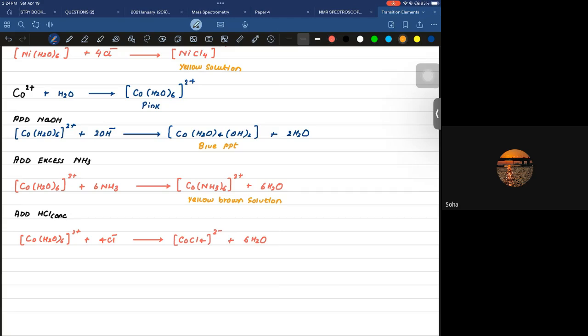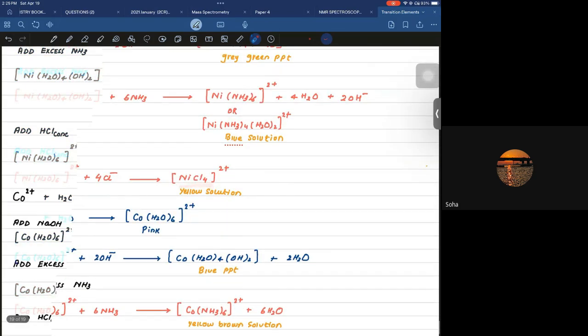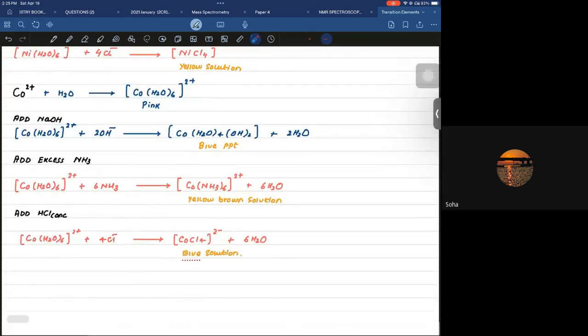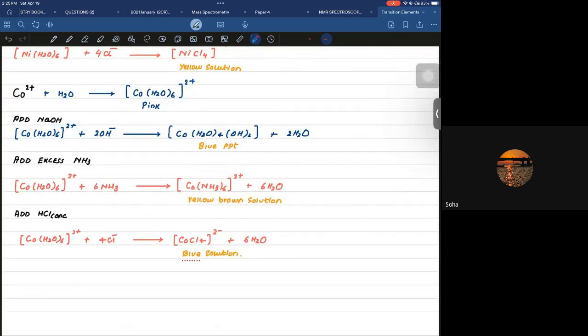It's not a precipitate. So I would observe a blue solution. If you notice this, in the reactant side we had 6 ligands. In the product side we had 4 ligands, especially with Cl, CoCl4, and also with copper, it was CuCl4.